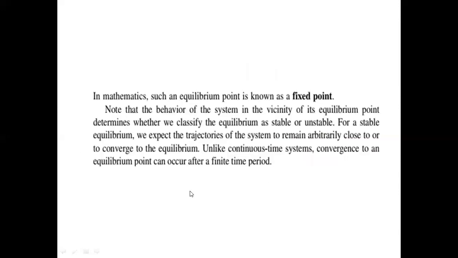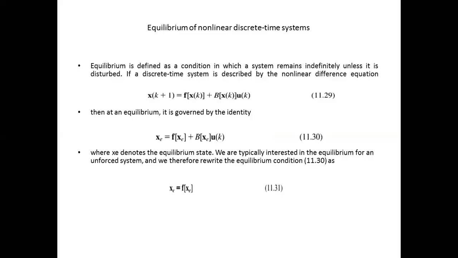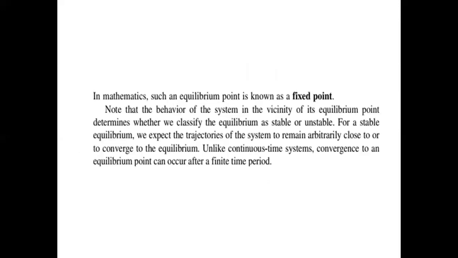Okay, next slide. In mathematics, this x will be called a fixed point, because this operating point will not change if it is in the equilibrium state. That's why in mathematics such an equilibrium is known as a fixed point.